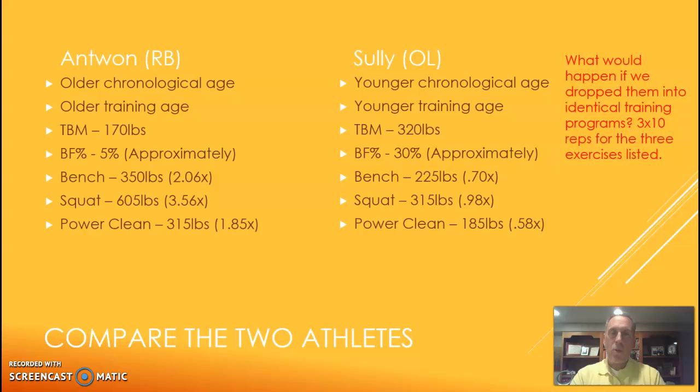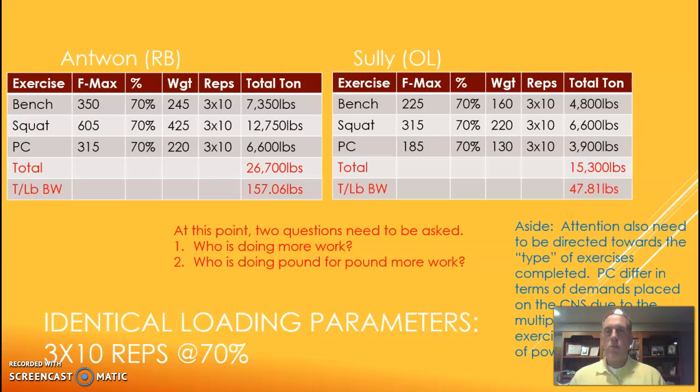And so what would happen if you gave each one of them the same exercise program? We're going to do 3 sets of 10 at 70% for every exercise across the board for an entire mesocycle. It would be wrong to do that, because when you look at Antoine and his floating max, you have a 350, 605, 315, and if you asked Antoine to do sets of 10 based off of 70%, here's how much weight he's pushing in total tonnage.